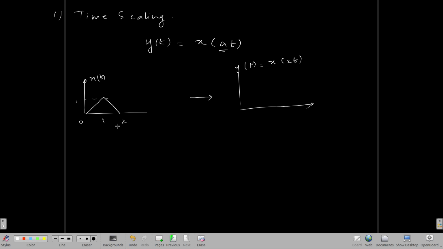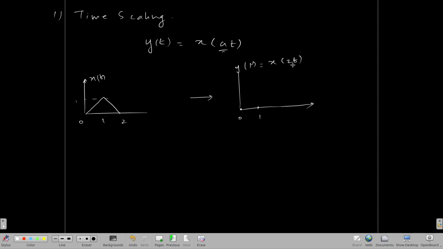Okay, so what will y of 0 be? It will be x of 0, this one. What will y of 1 be? y of 1 will be x of 2 into 1, which is x of 2. That is again 0.